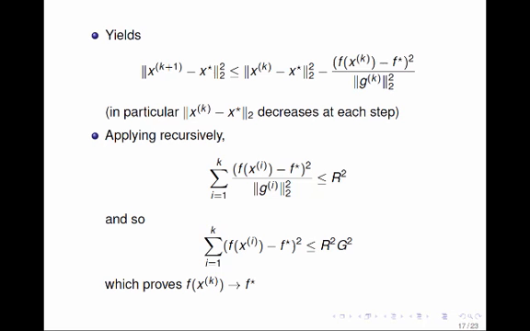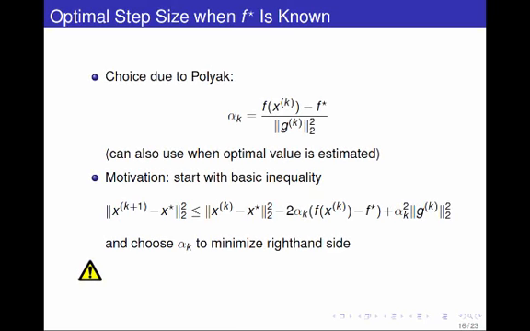You bring this summation to the left-hand side, and eventually you land in this inequality over here. If you take the limit as k goes to infinity, you have an infinite sum that's bounded, so the summands have to converge to 0, which means that f of x has to be going to f star. So this is called Polyak's rule.